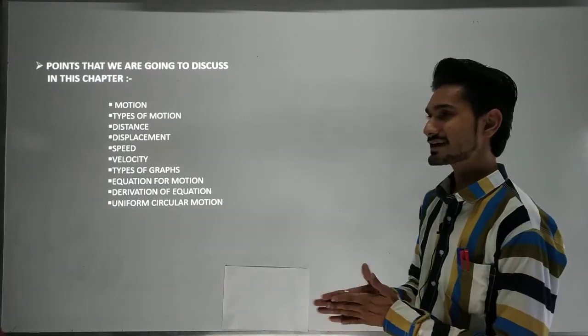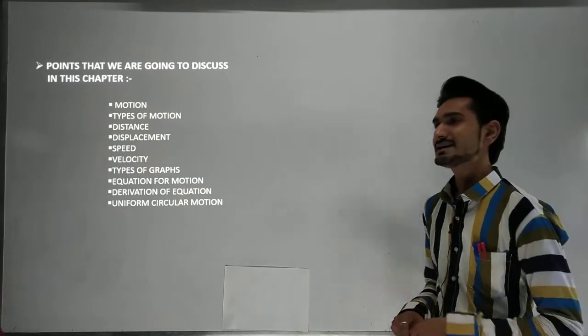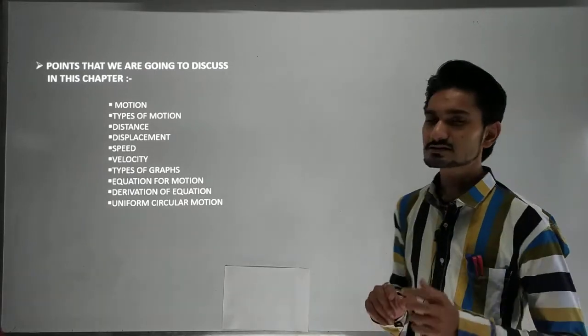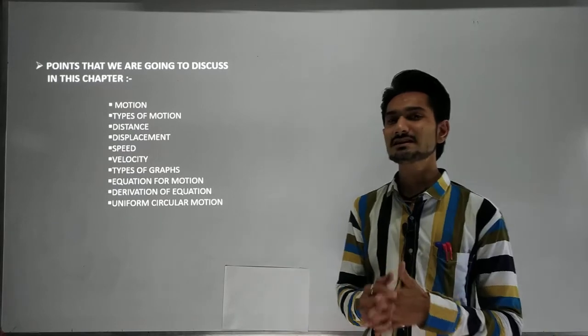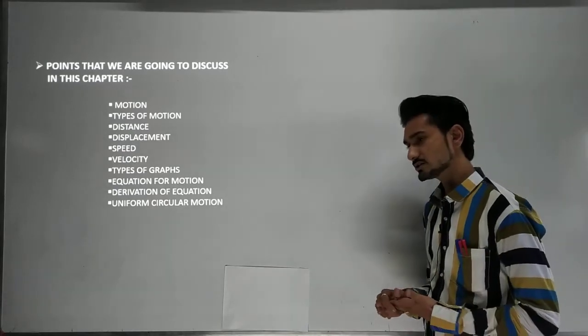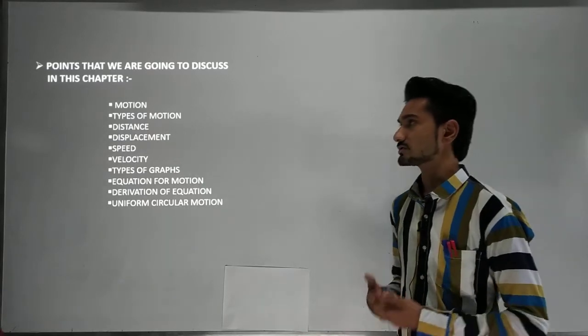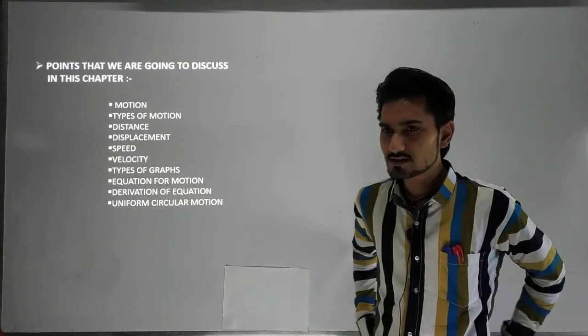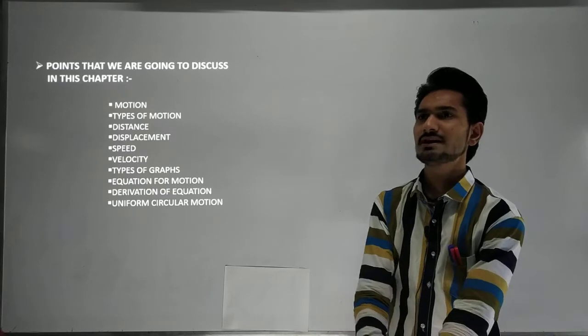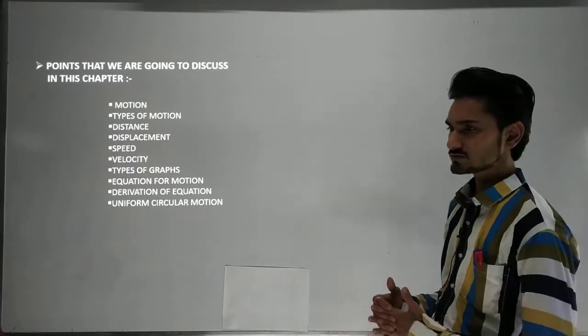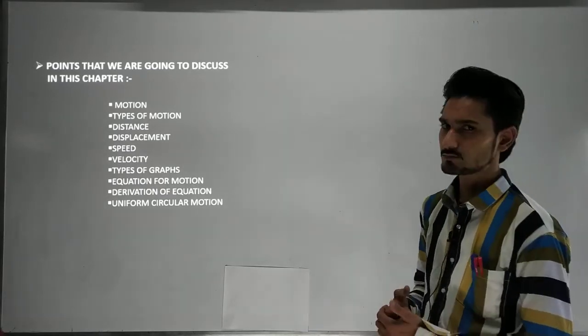Afterwards, we have seen the types of motion, in which we have seen the subcategories of motion, but basically we can consider the types of motion in two categories: uniform motion and non-uniform motion. Also we have seen the subcategories of motion: translatory motion, circulatory motion and periodic motion.